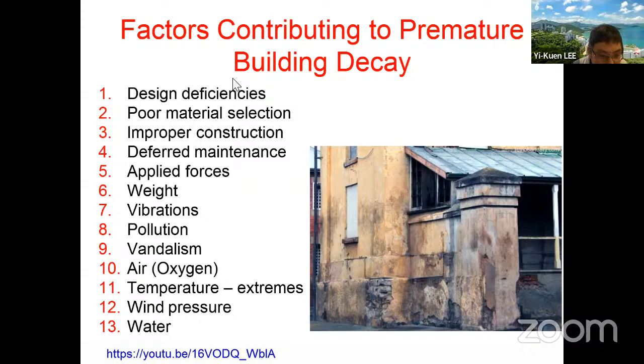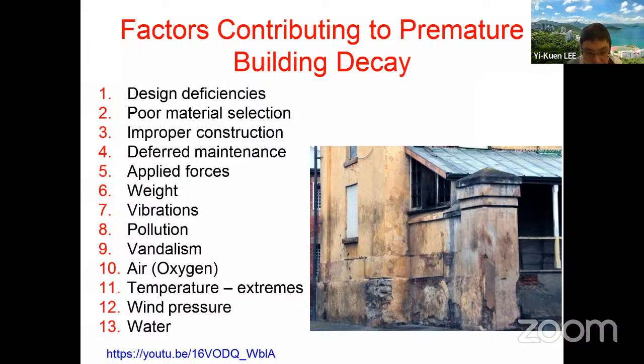Of course, we have a student making comments about different reasons why Hong Kong's buildings can last longer. Well, anyway, this is good for you to think about, right? The building engineering is long term.